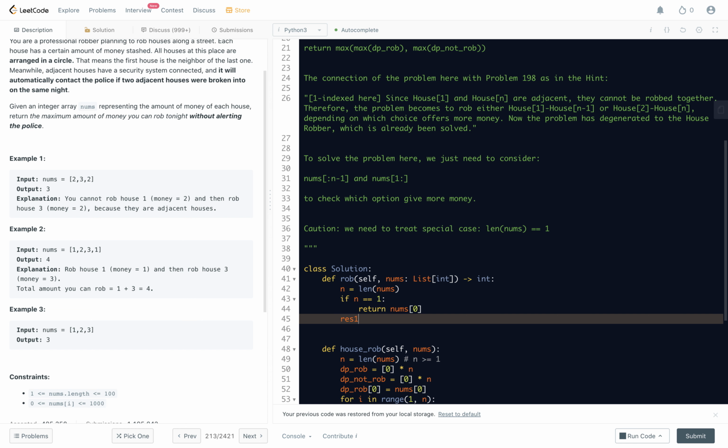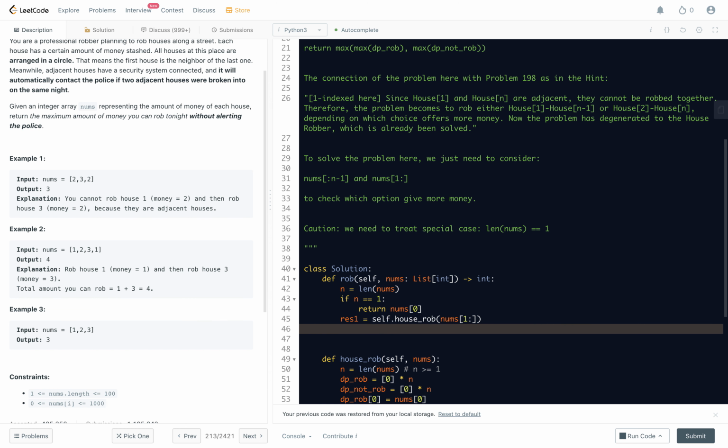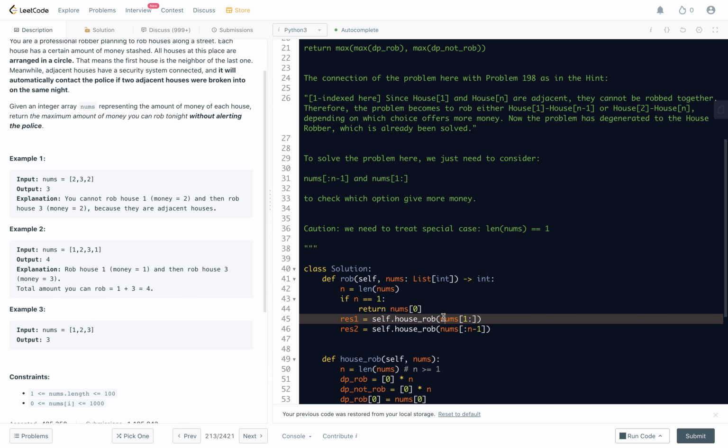And then what we're going to do is that we call this method, considering two cases. Result 1 equals self.house_rob of nums, dropping the head. This is the one case. Another case is self.house_rob of nums dropping the tail, so up to n-1.